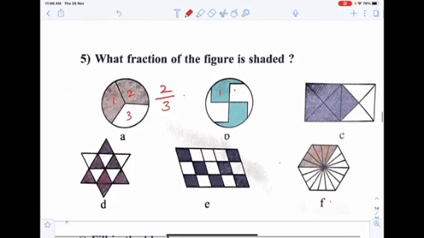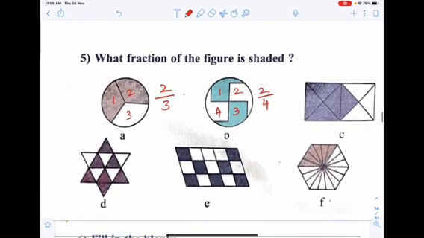Similarly, here if you consider 1, 2, 3, and 4, 2 parts out of 4 is being shaded. Children, it's always better to actually number it, like 1, 2, 3, 4, 5, 6, 7, 8. When you number it, you actually know how many parts it is equally divided. And out of that, whatever is shaded, you can write it down.